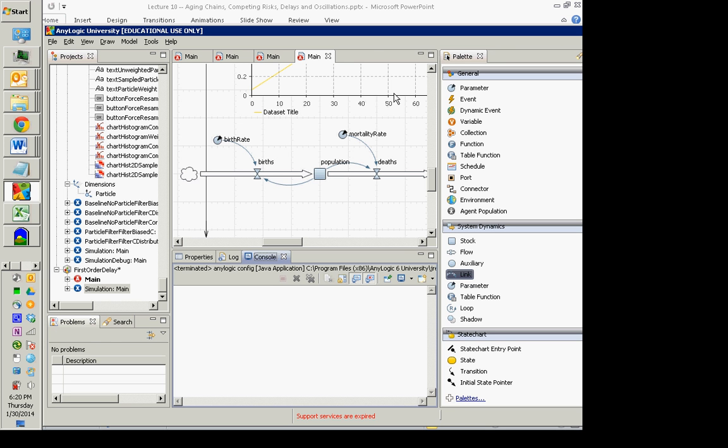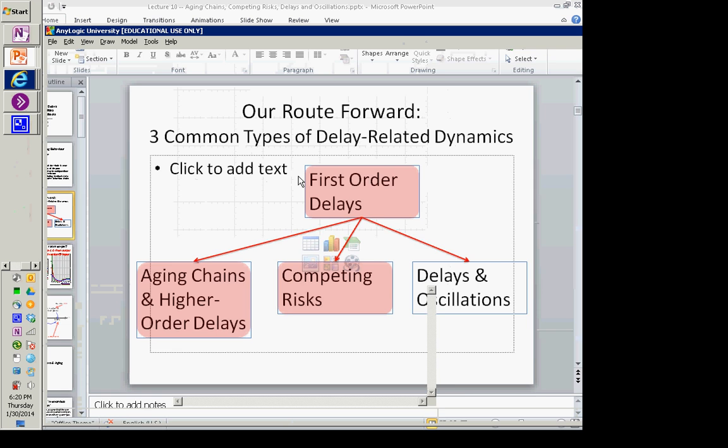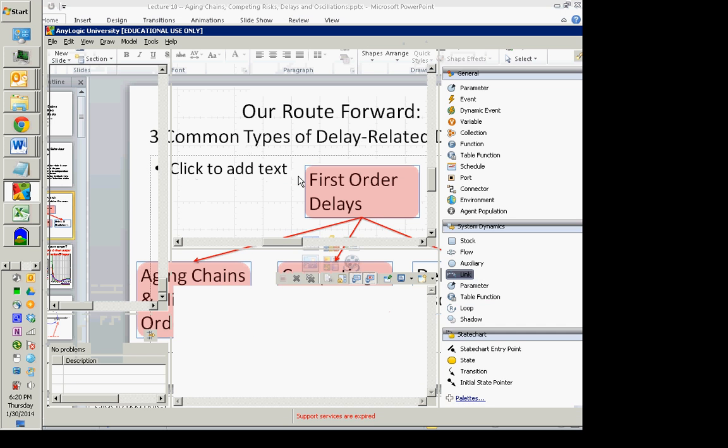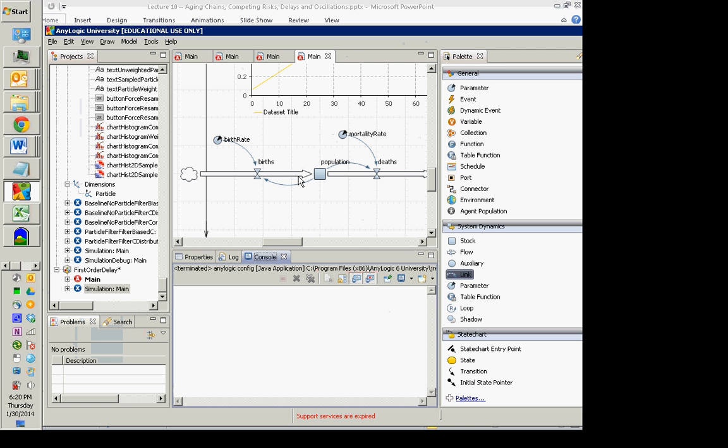One thing we haven't seen, ladies and gentlemen, is the oscillation. And this will be a little challenge to you. We're going to see nonlinear models next time, but here's a little challenge to begin our next lesson. Suppose I wanted to have a situation of a negative feedback.